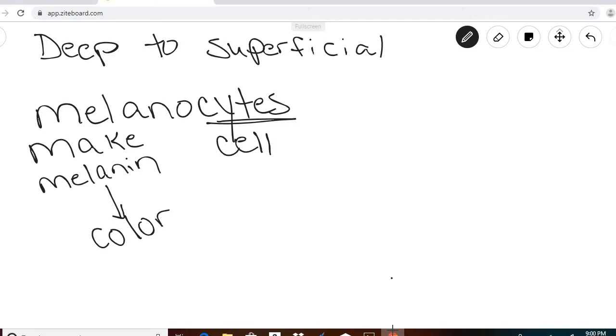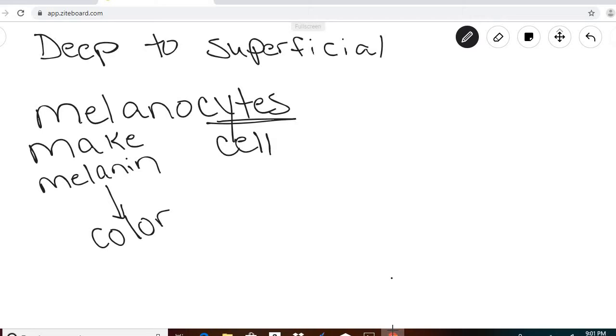And actually what happens is that the melanocytes make the melanin, and then it gets packaged in Golgi bodies. Remember we said that Golgi bodies are kind of like a packaging system in the cell so that then things can get sent out.